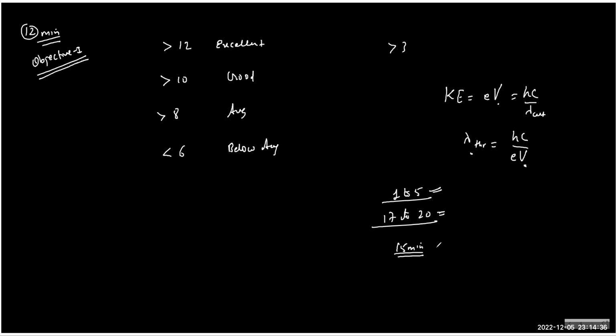So solve 1 to 5 as fast as possible, and 17 to 20 again as fast as possible. And then I'll go to nucleus. So 11:30 I'll start the nuclear chapter. Till that time you can solve as much as you want.